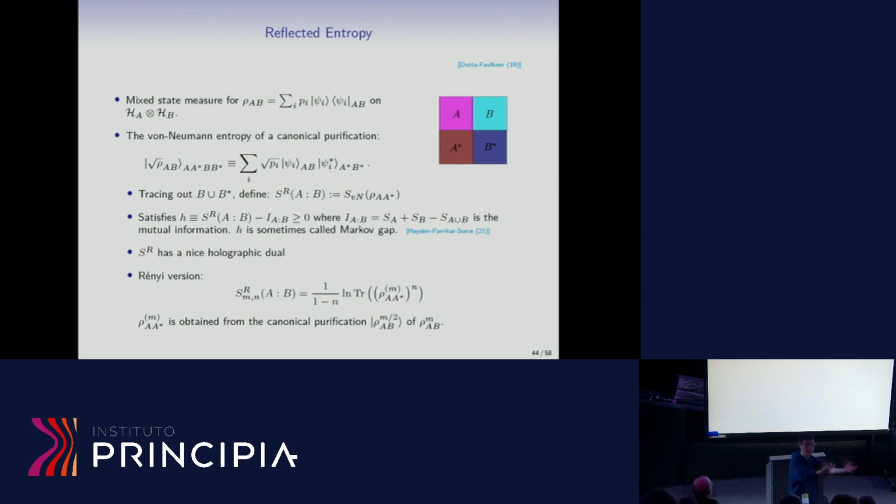But there are other quantities, not mentioned here, which are connected to entanglement wedge cross sections.